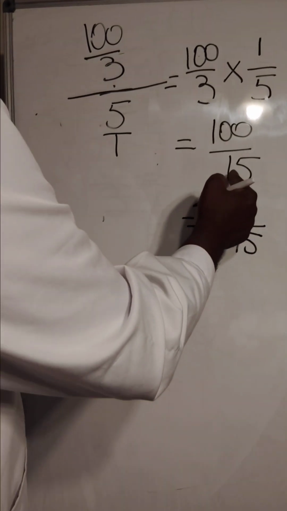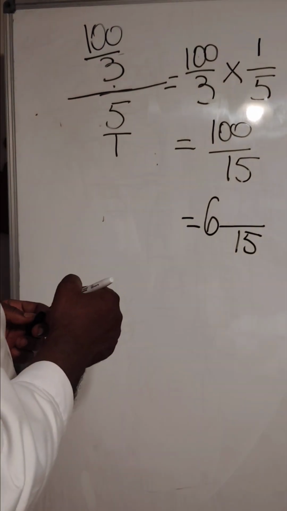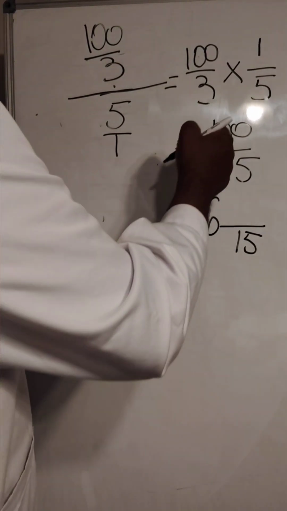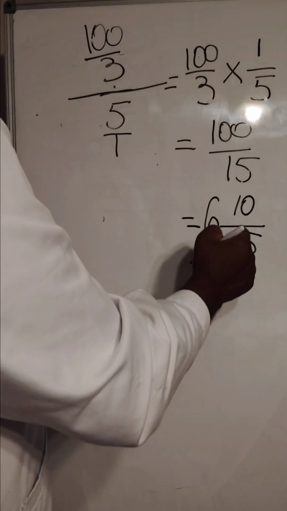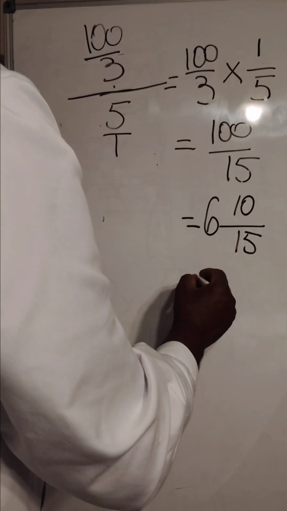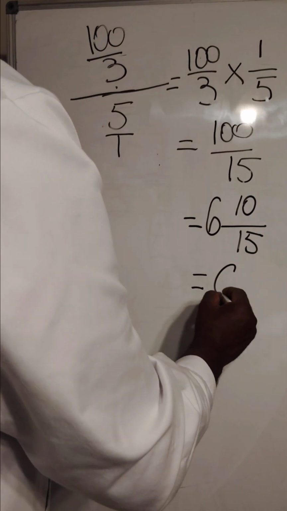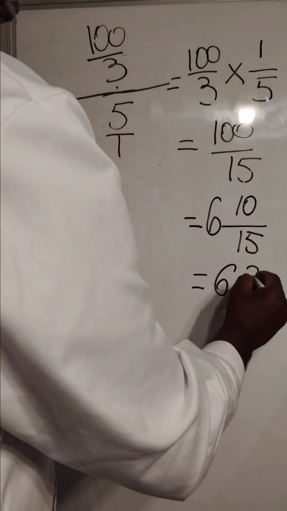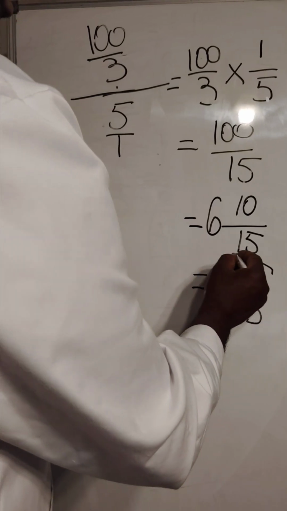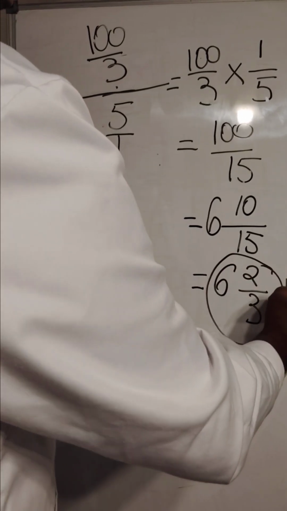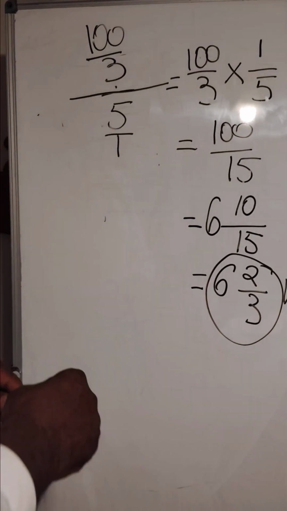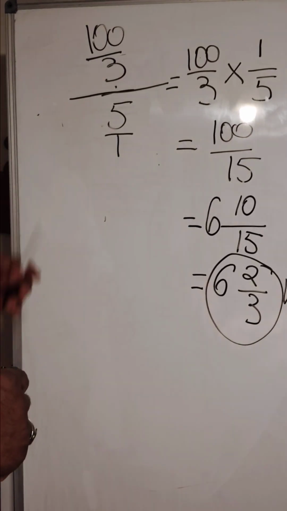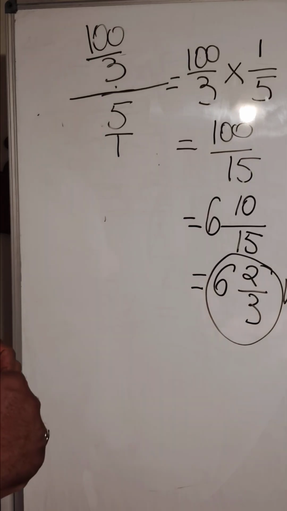Because 15 times 3 is 45, 45 times 2 is 90. 100 minus 90, you got 10. But if you look at it, you can see both sides right there can be simplified by 5. So I'm going to have a 6, then I'm going to have a 2/3. All right. So this is how you solve a fraction divided by another fraction.